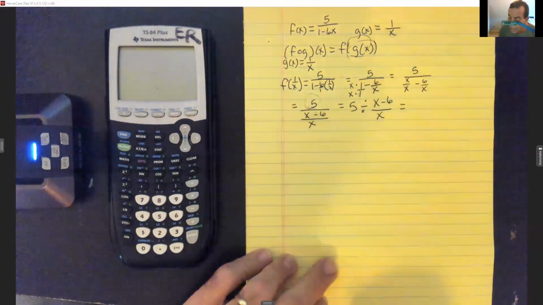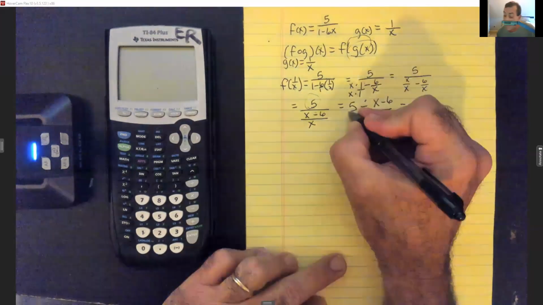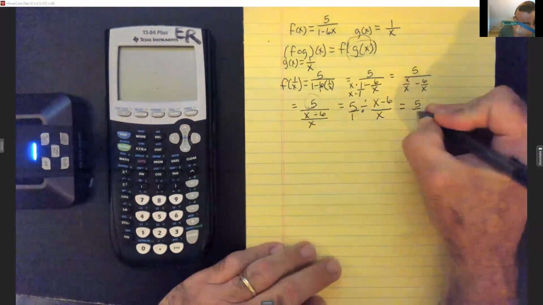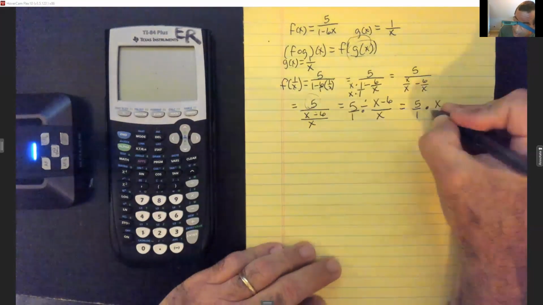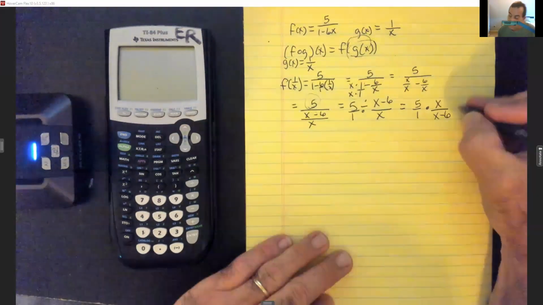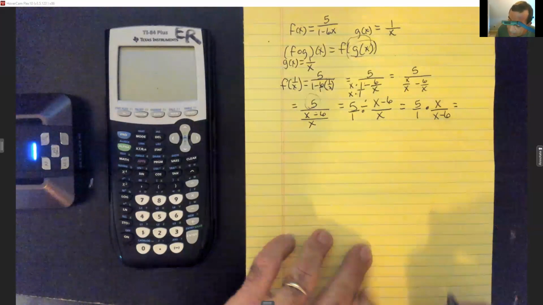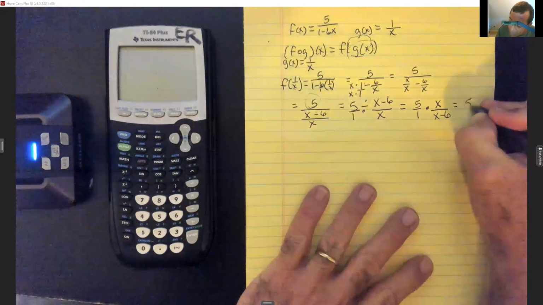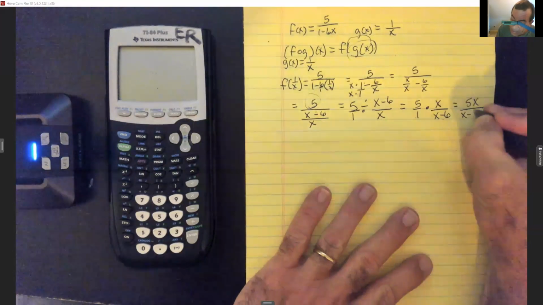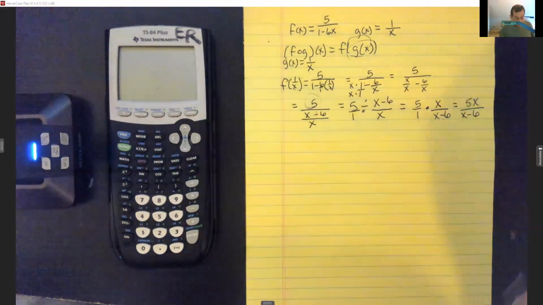But remember, we don't like to divide fractions, so we change those into multiplication and flip the second fraction, right? So see what we get. 5 times x is a 5x on top. 1 times x minus 6 is an x minus 6 on the bottom.